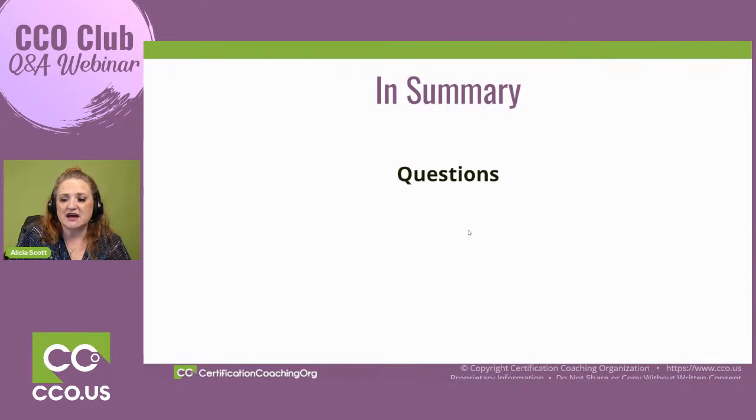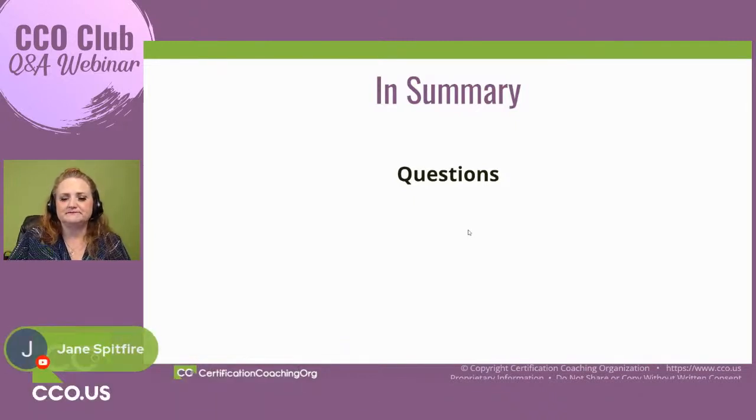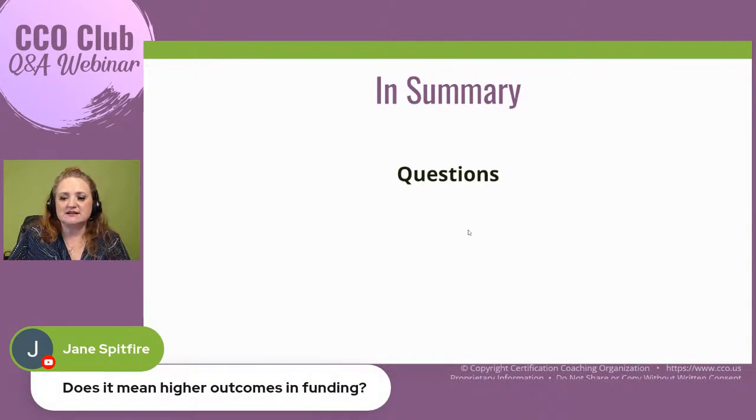So how does it calculate the RX? It's the same type of thing. It's just a little different algorithm that's used. So RxHCCs would be comparing apples and oranges, right? Yeah. Does it mean higher outcomes in funding? Yes.